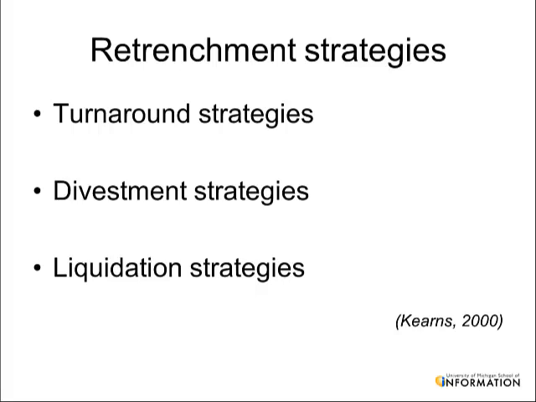This specific strategy will vary according to an organization's confidence in its current portfolio of products and services. So, for example, an organization is more likely to pursue a divestment or liquidation strategy if it is not confident regarding its current portfolio of products and services.